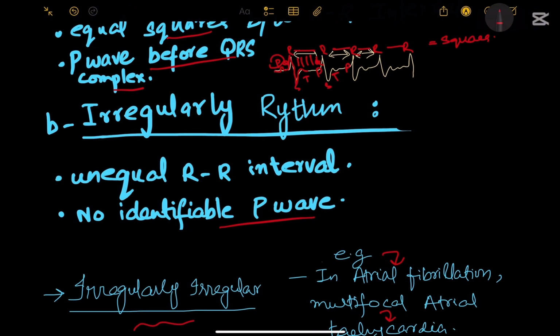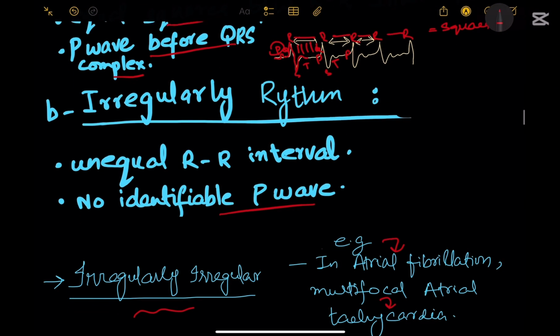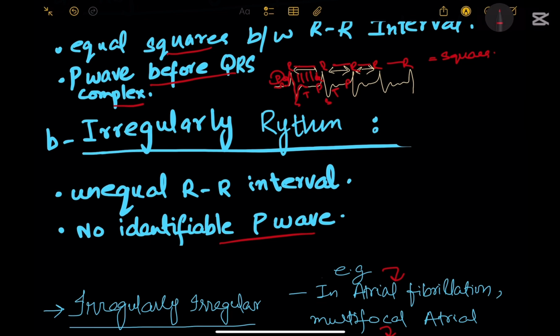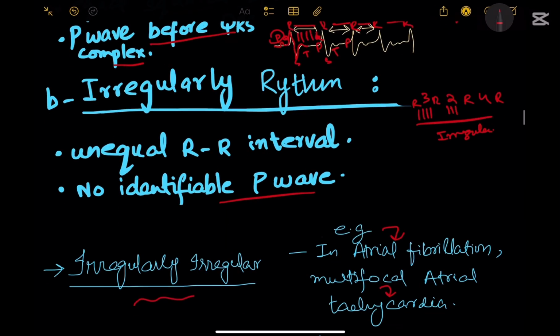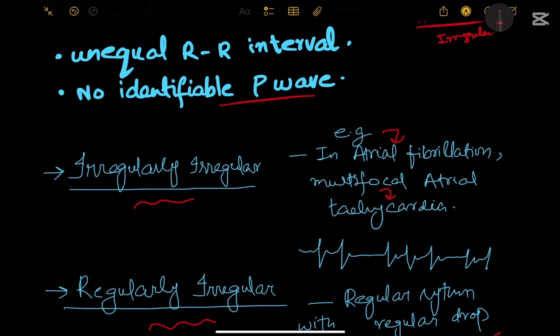In irregular rhythm, we will count the squares between the RR intervals. If these are irregular, for example, in one RR interval there are 3 squares, then in the next there are 2 large squares, and in the next 4, so this rhythm is irregular. Now in irregular rhythm, we have two types of irregularity.